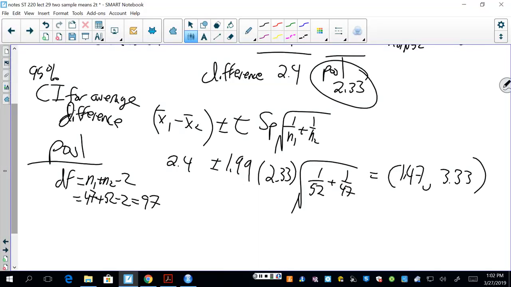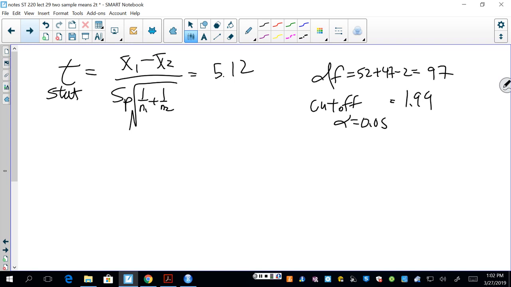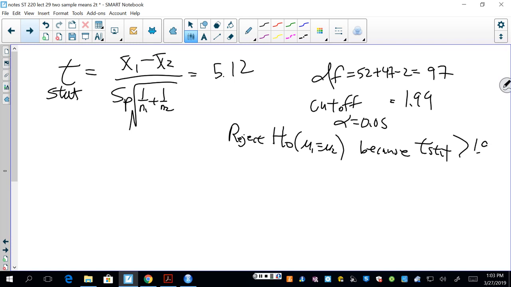It's overwhelmingly significant. Degrees of freedom, again pooling, 52 plus 47 minus 2 is 97. And the cutoff for significance at the 0.05 level was 1.99. So you rejected the hypothesis that they're equal because the t statistic is so much bigger than that cutoff value from the distribution.